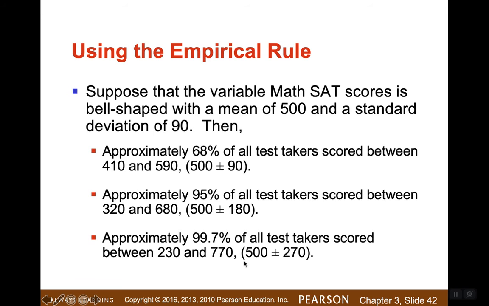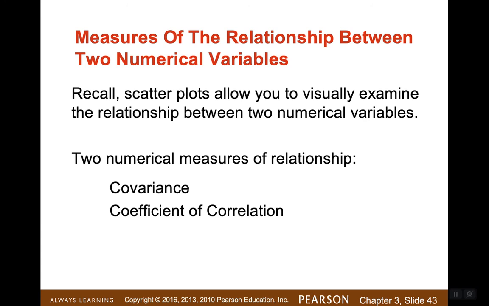So that gives us a 99.7% estimation of our range, which is 500 plus or minus 270, as we can see here. So this is the empirical rule.